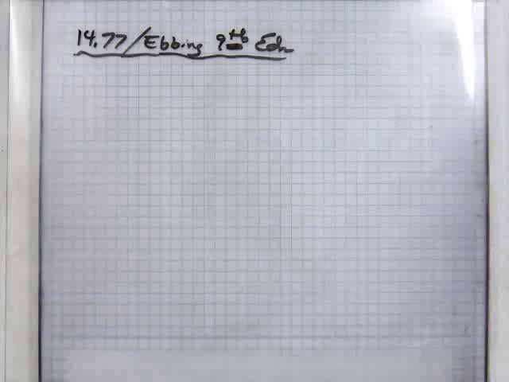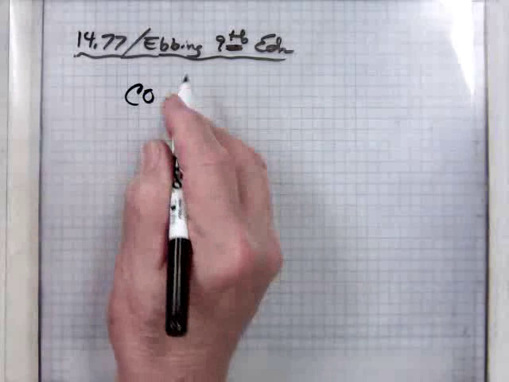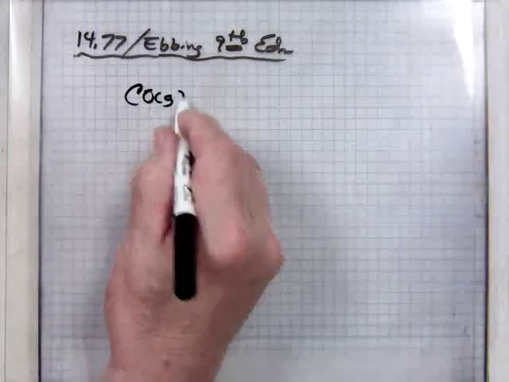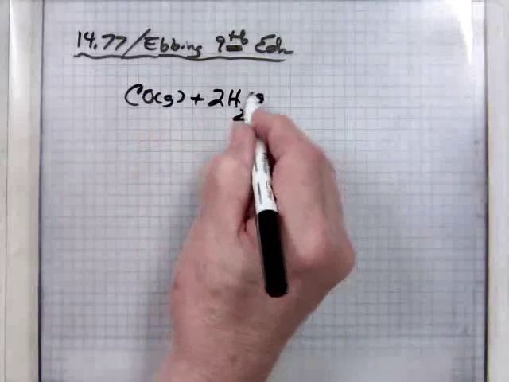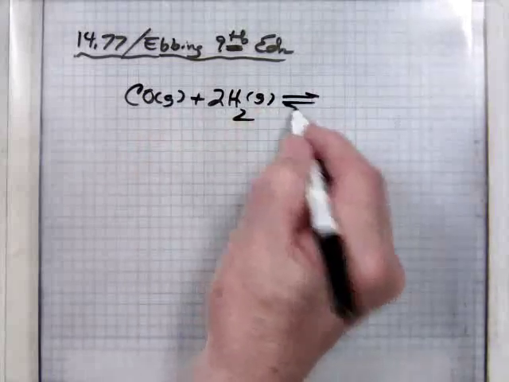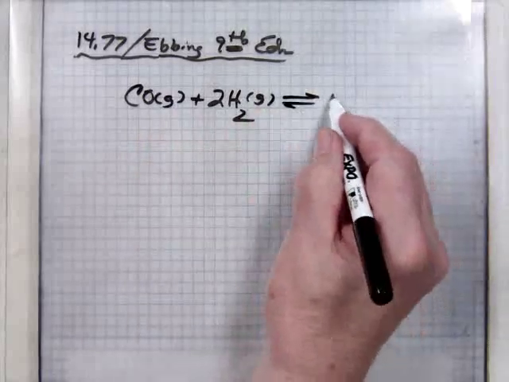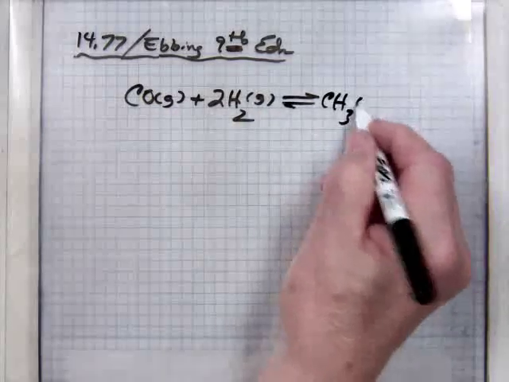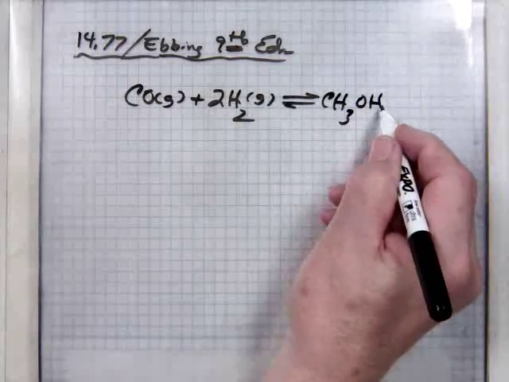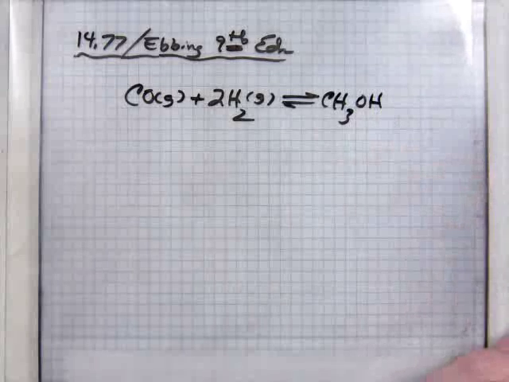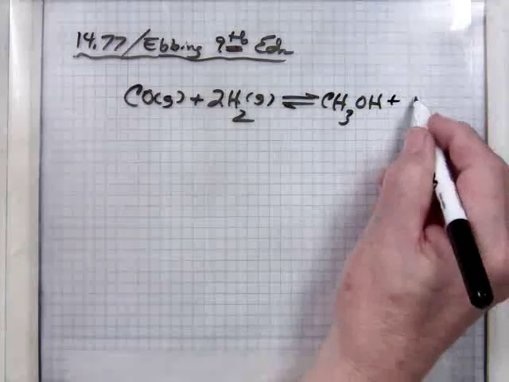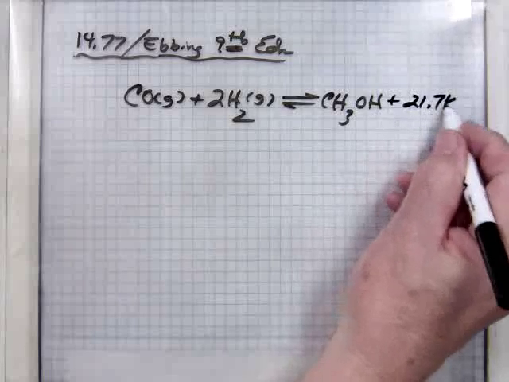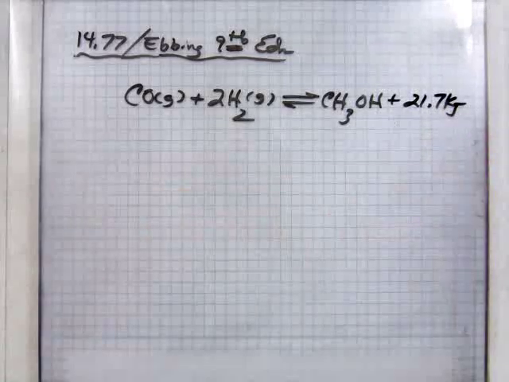So the equation that we're using is CO gas plus 2H2 gas is in equilibrium with methanol, CH3OH, and is written with a delta H of negative 21.7, but I'm going to incorporate it, so that's plus 21.7 kilojoules. I'm going to put it into the equation like this.